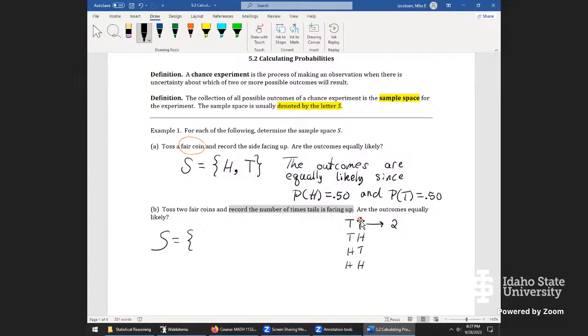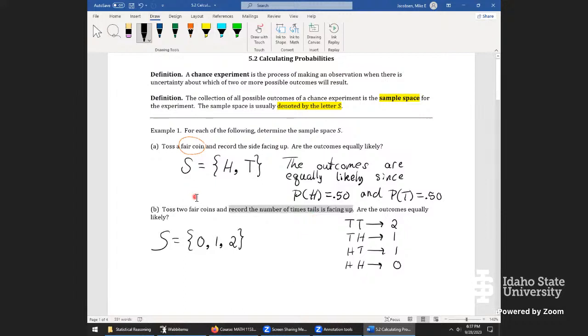After we toss the two coins, the values we record would be 2 on this, tails came up twice. 1 on these two, tails came up once. And 0 on this one, tails came up not at all. So it says record the number of times tails is facing up, and we've got it now. The sample space goes 0, 1, 2. So excellent work. That's how we would build a sample space in this situation.